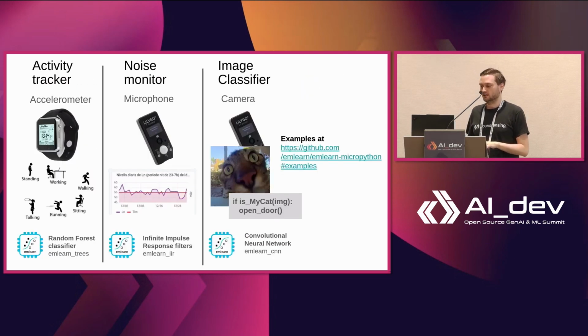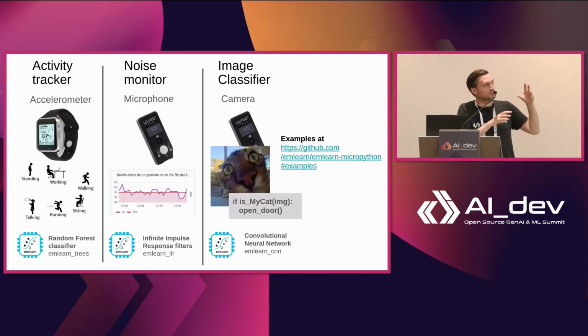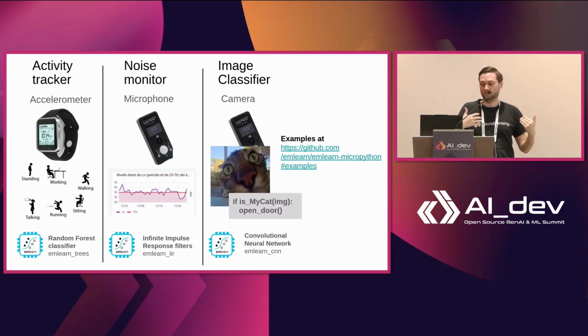There is quite a large set of very realistic examples provided in emlearn MicroPython. So there is this kind of activity tracker or fitness tracker type thing where there's also data recording tools, so you can easily do it for your own custom application, be it for yourself, for a human, or for a pet, or whatever.